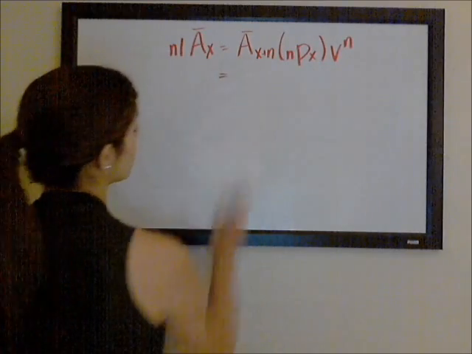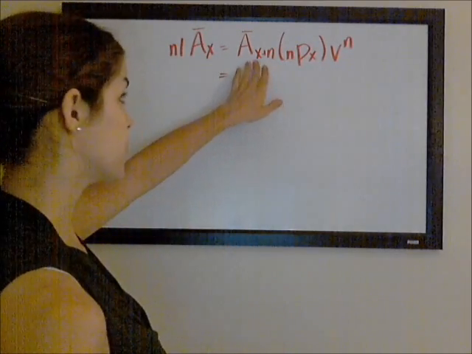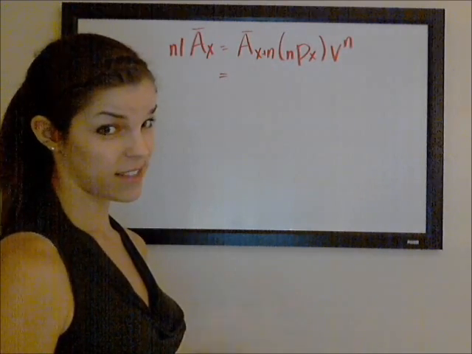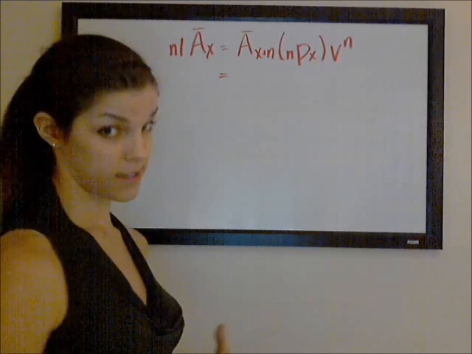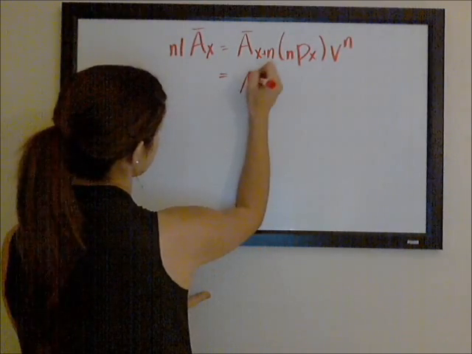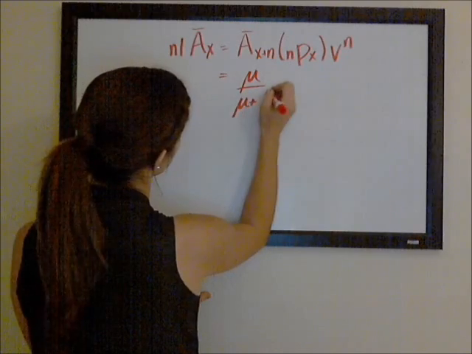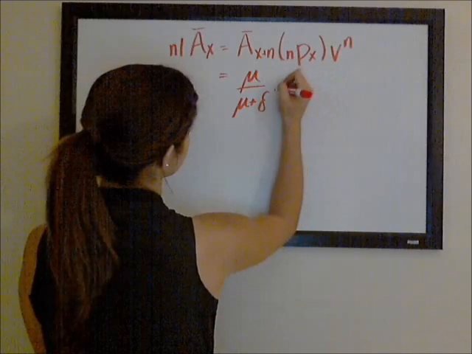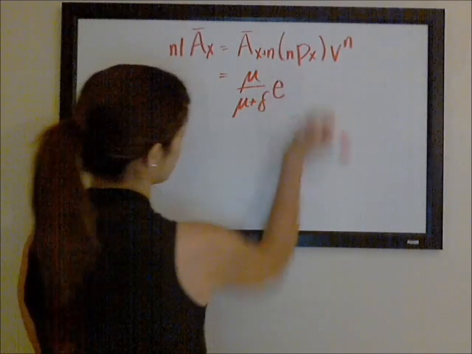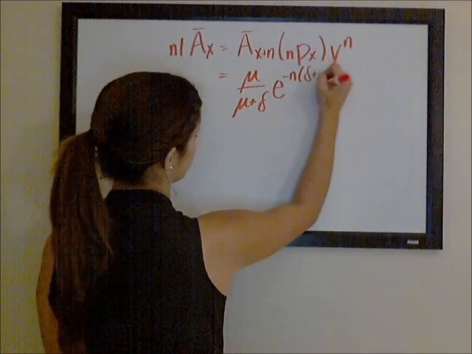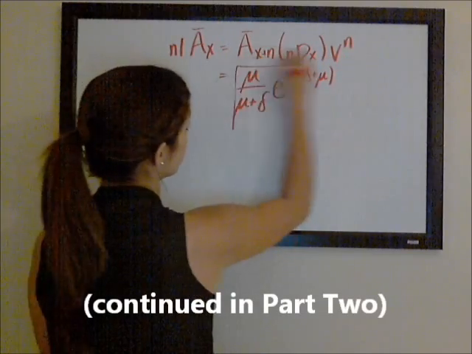Since we have a constant force of mortality, our A_{x+n} will be the same thing as our A_x. It's the same wherever you are. The force of mortality is always the same. So this, like we said before, is just mu over mu plus delta. And then this simplifies down to, as we showed with the term insurance, e to the negative n times (delta plus mu).